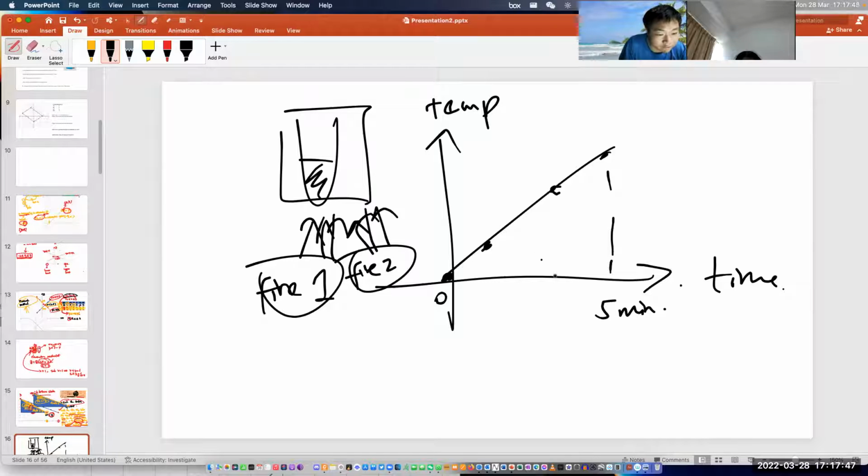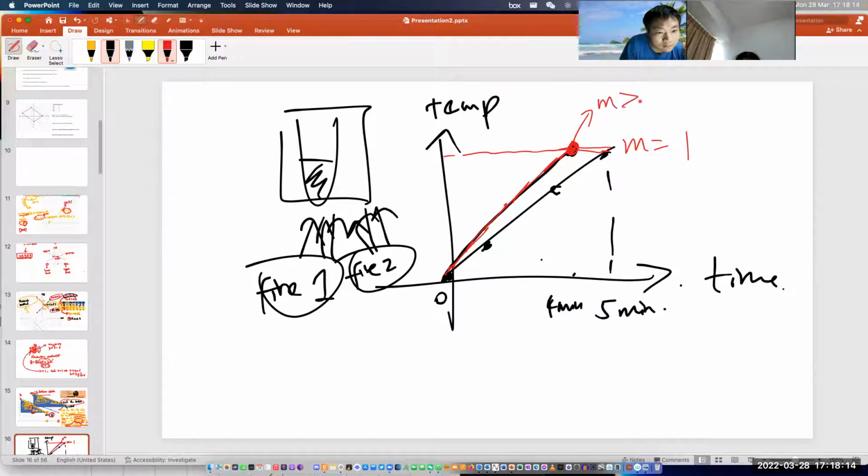You probably need 4 minutes, and you already reach this point. If you have both fires. I'm just demonstrating another scenario. So the same temperature, but shorter time.